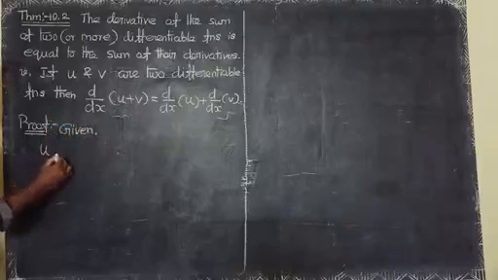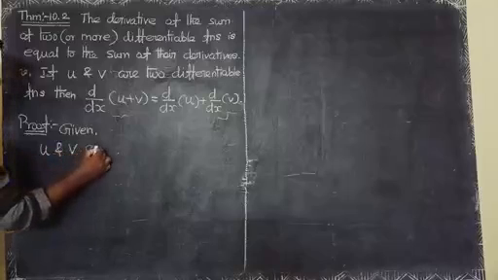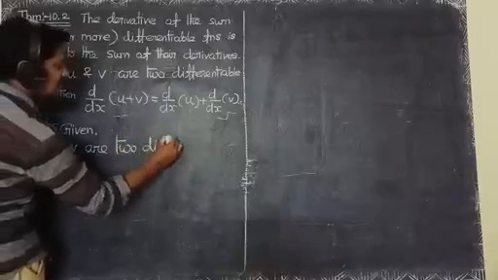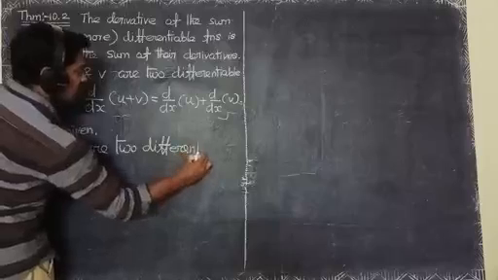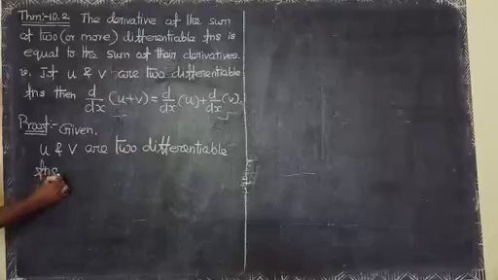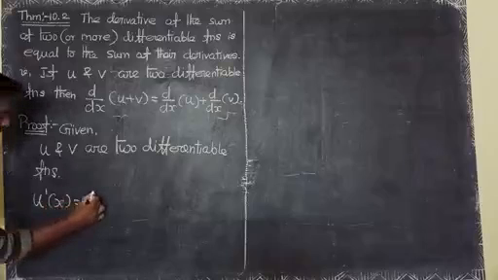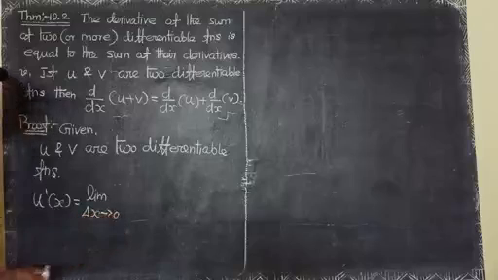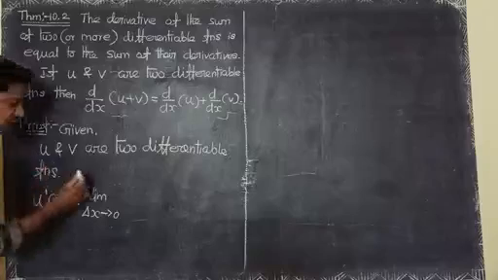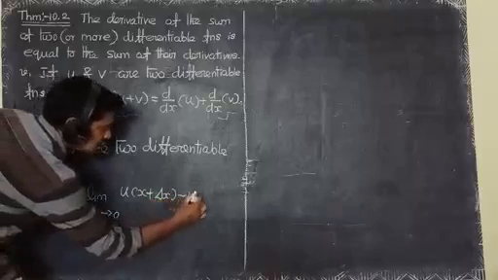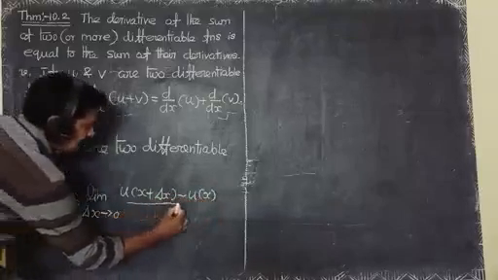Given u and v are two differentiable functions. It means u'(x) = limit as Δx approaches 0 of [u(x + Δx) − u(x)] / Δx.